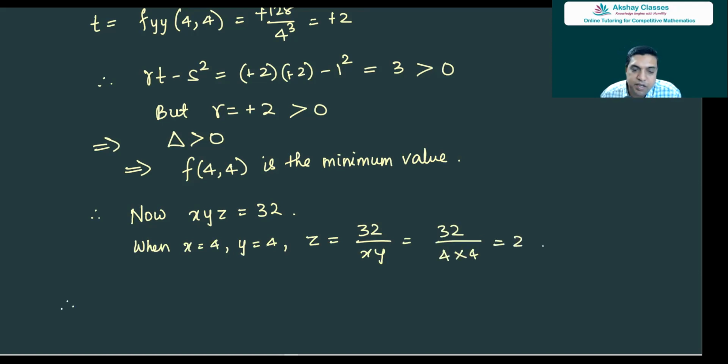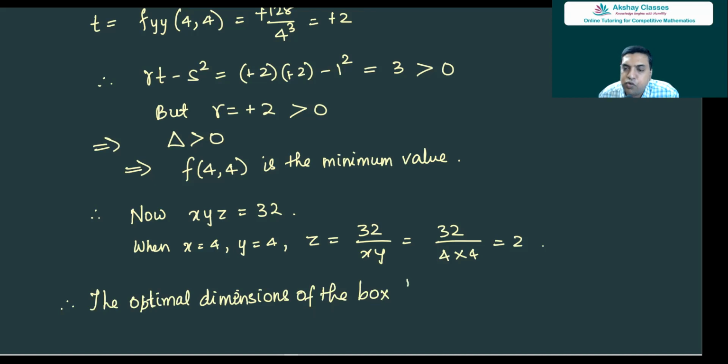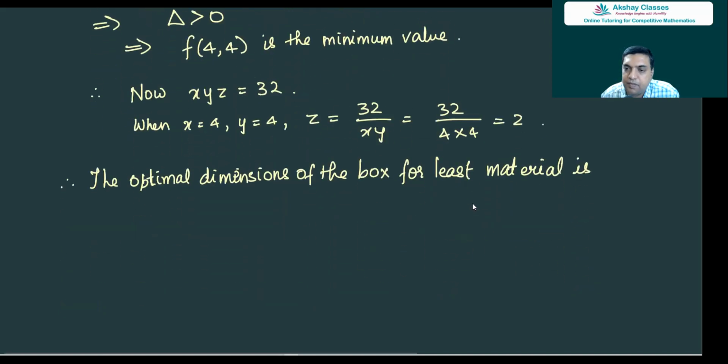Therefore, the optimal dimensions of the box for least material are x equal to 4, y equal to 4, and z equal to 2.